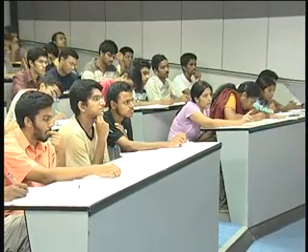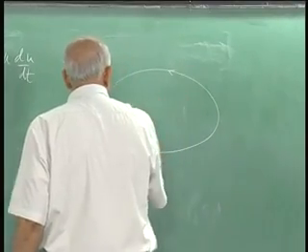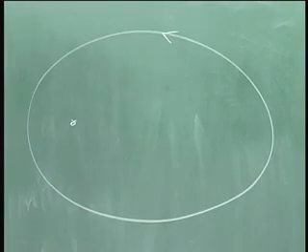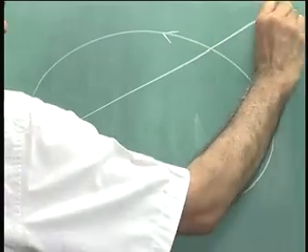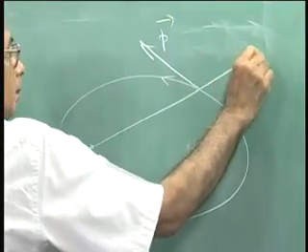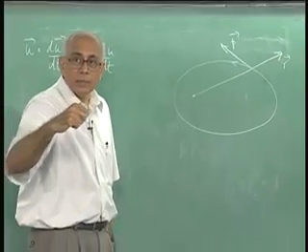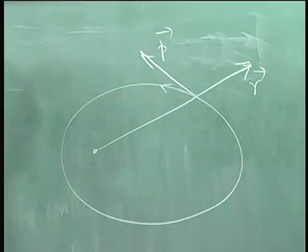Well, if this is your orbit going in this fashion, the plane of the blackboard let us say is the plane of the orbit, then at any point this is the direction of r, this is the direction of p, so r cross p comes out of the board in this fashion, and that is the direction of the angular momentum perpendicular to this plane.